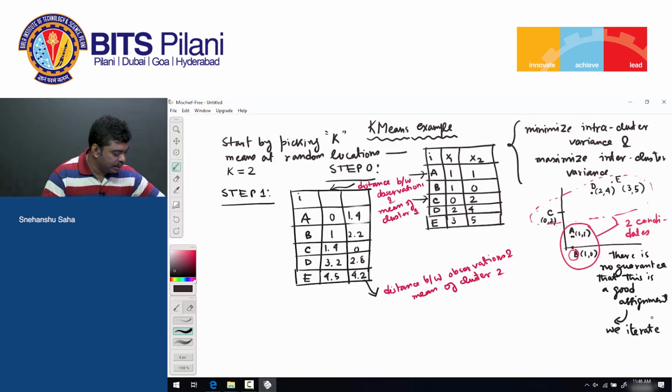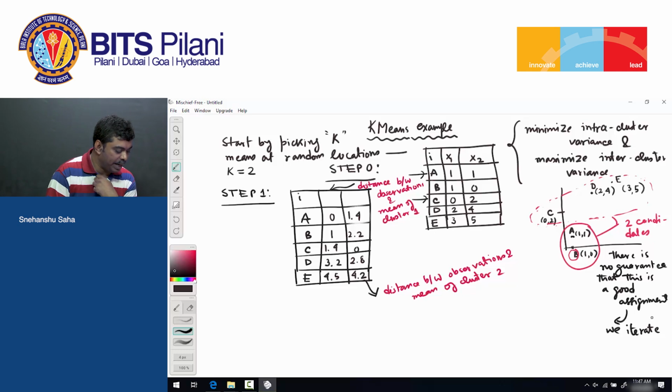Okay, now we have these numbers. So what do we do with them next? Look, our first cluster was A; we just started with A and decided that A would be the mean. What is the closest to A?